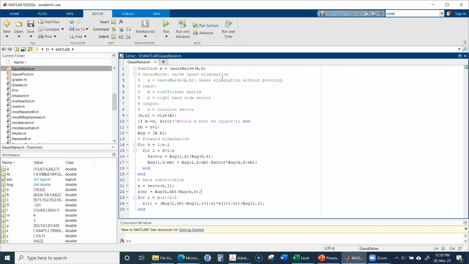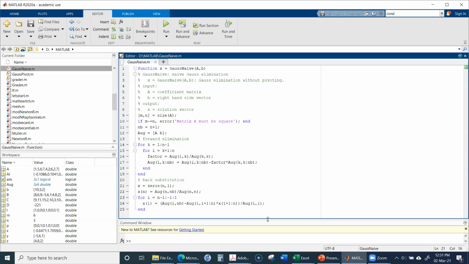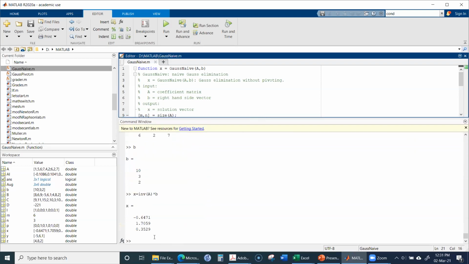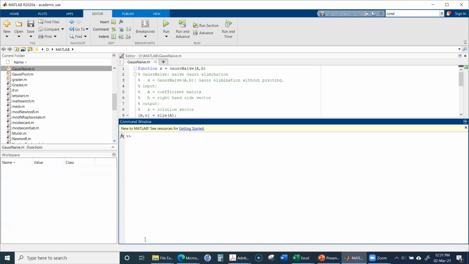So let's see how we can apply this script to find our solution. Since this script is in the form of a function, we will need to call this function. Let me clear the screen.